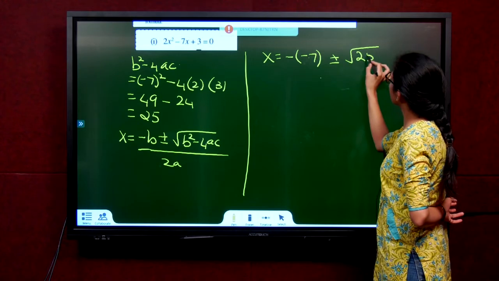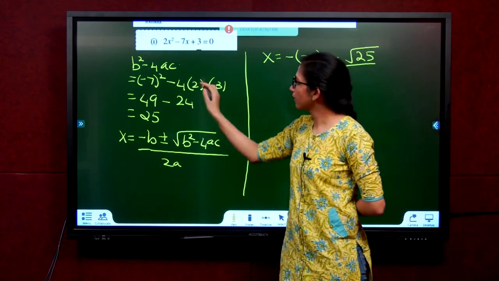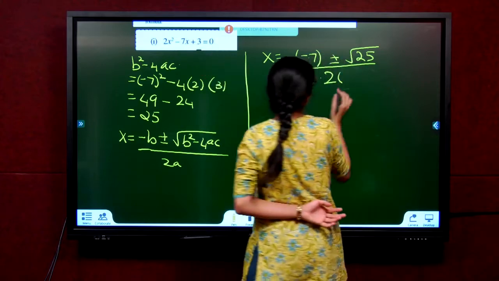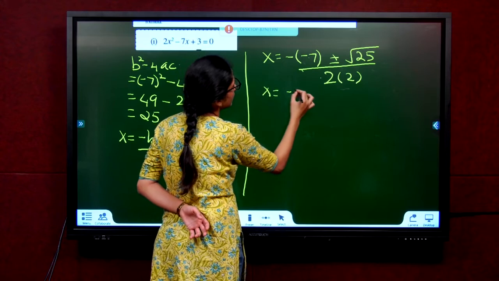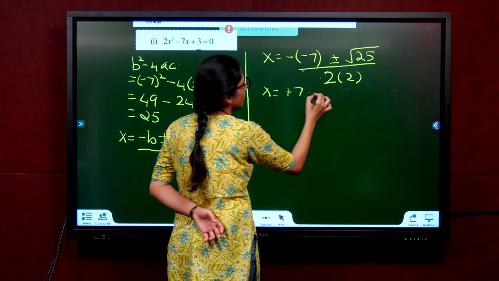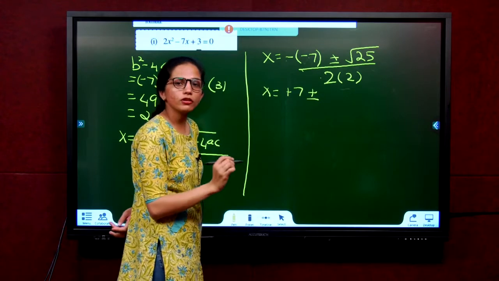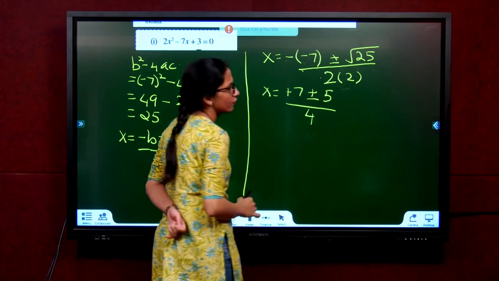So this will go under the root, divided by 2 into a. What is a? You check in the question, a is 2. So what happens now? X is equal to minus 7, minus into minus plus, so this number becomes plus 7, plus or minus square root of 25. We all know it is 5, divided by 4.